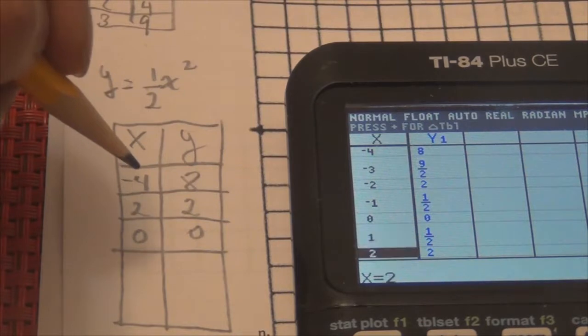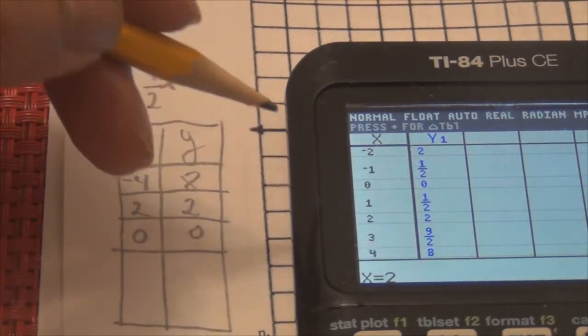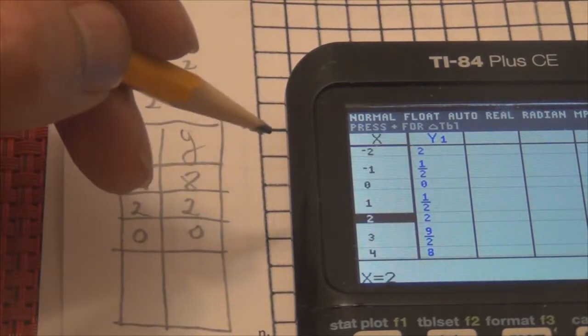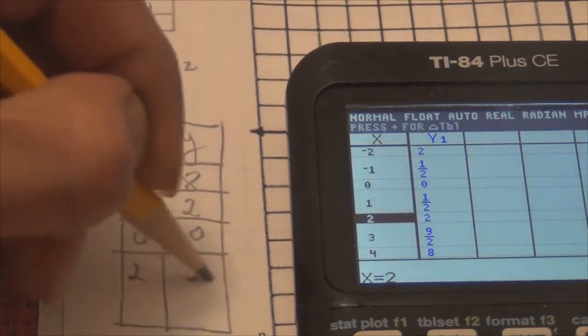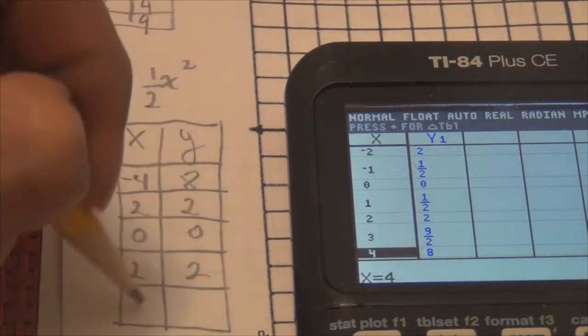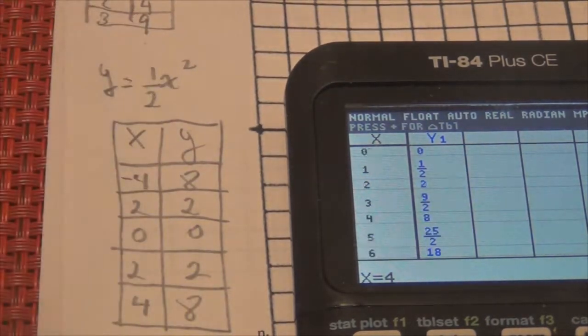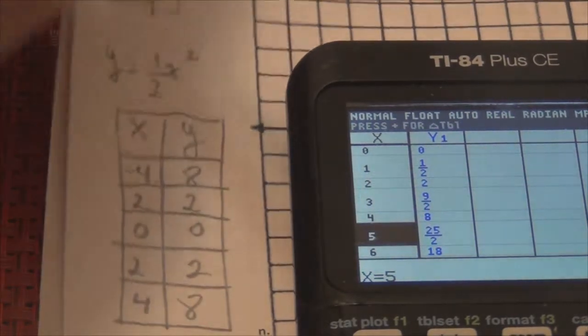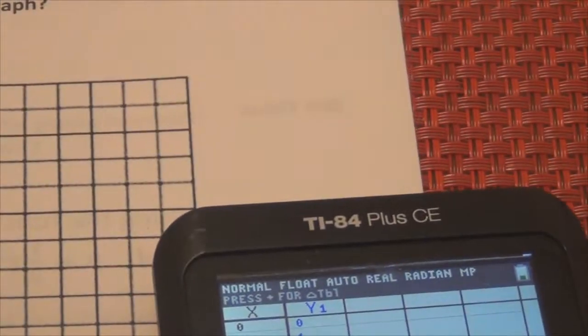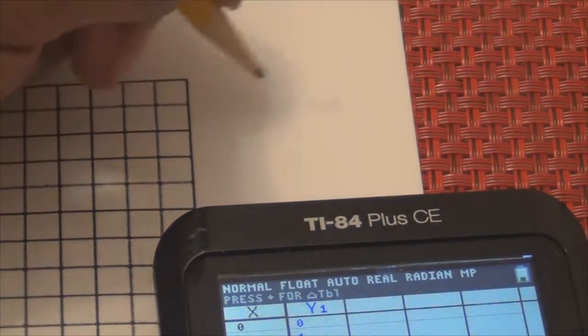It's easy, right? And I'm not gonna graph 1, I'm gonna graph 2, 2. And I'm gonna graph 4, 8. Those are nice points, and I have enough points to get the parabola, right? And now, last but not least, let us set up the table for y equals 1/4 x squared.